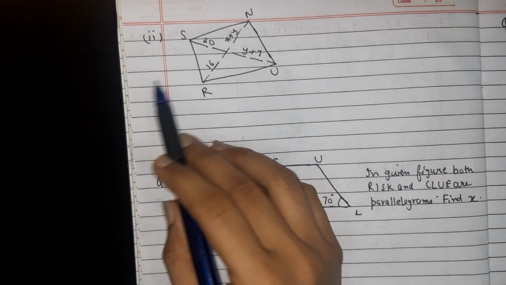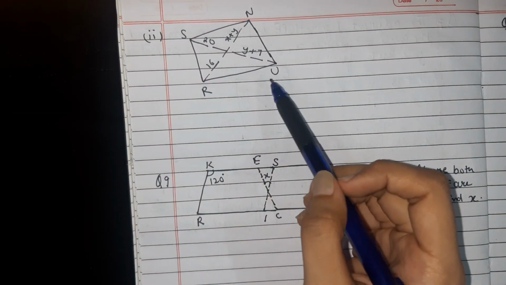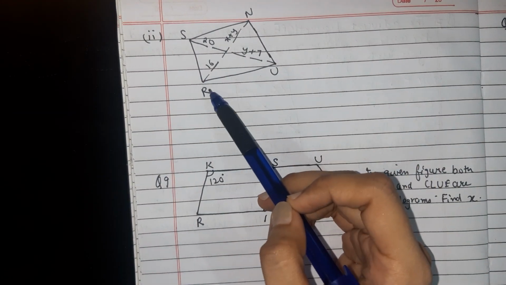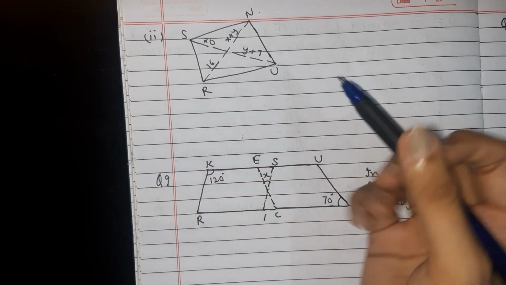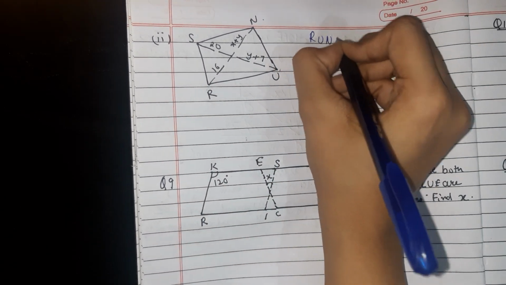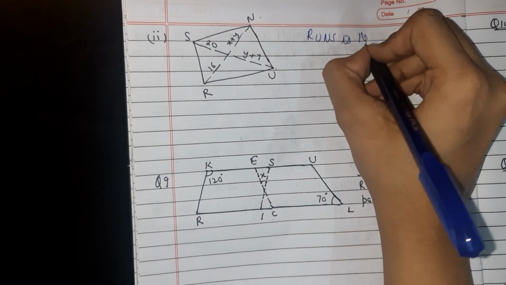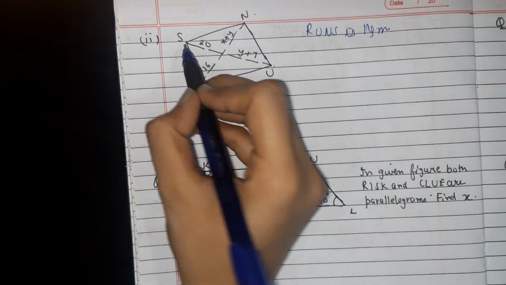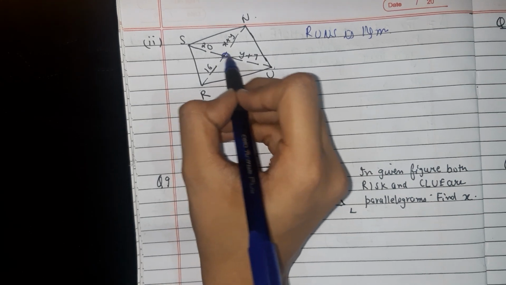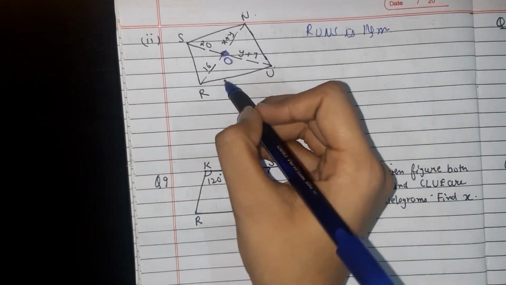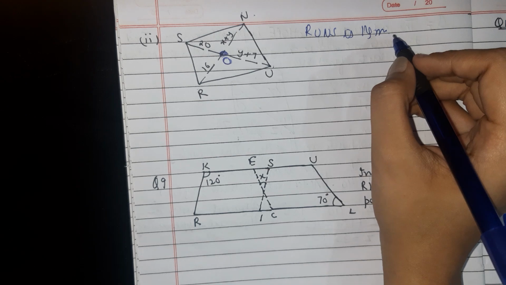So the second part of question number 8 is, we have a parallelogram RUNS and we need to find the values of x and y. Since RUNS is a parallelogram, and the diagonals of that parallelogram meet at point O, we know that the diagonals of a parallelogram bisect each other.